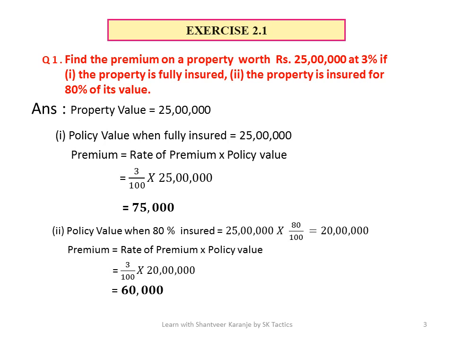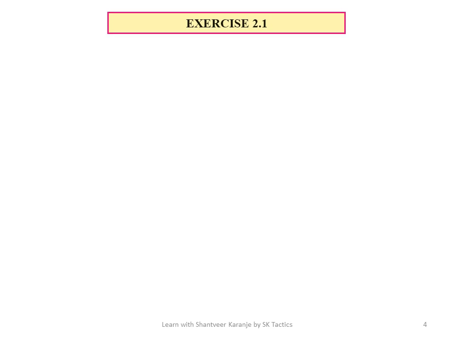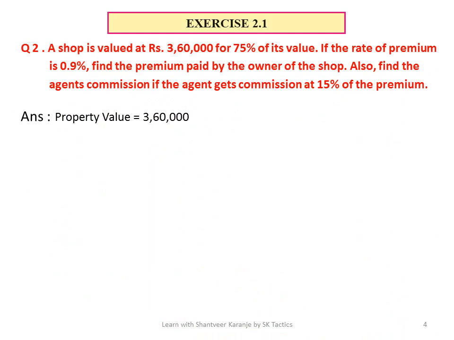That's it. Now the next question of exercise 2.1: a shop is insured at rupees 3,60,000 for 75% of its value. Means the shop has property value 3,60,000 and is going to be insured for 75% of its value.